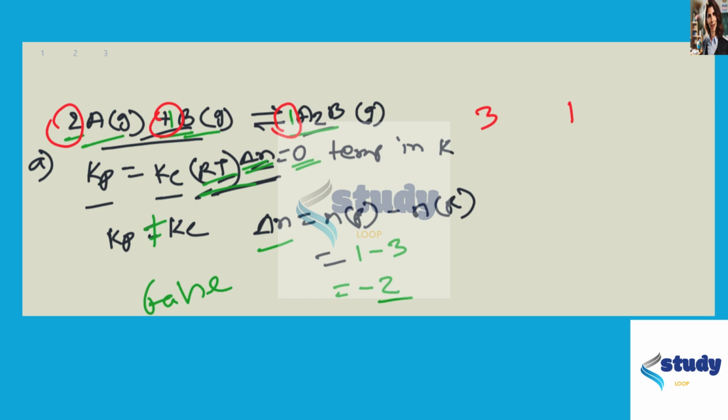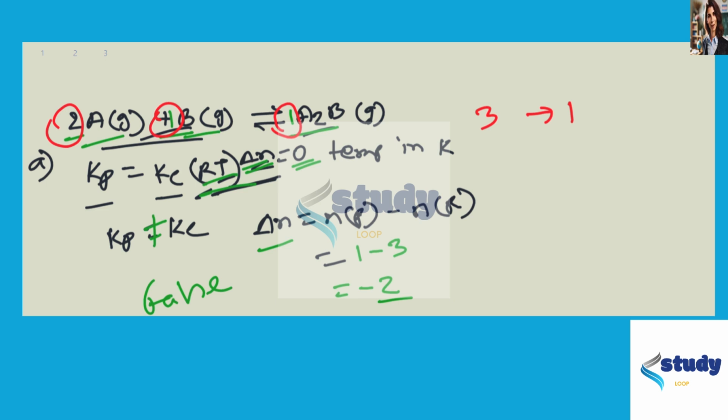So if we increase the pressure, which will decrease the volume, the equilibrium will shift this way to minimize the effect of the increase in pressure or decrease in volume. The reaction will move in a way in which there is a lesser number of molecules present.